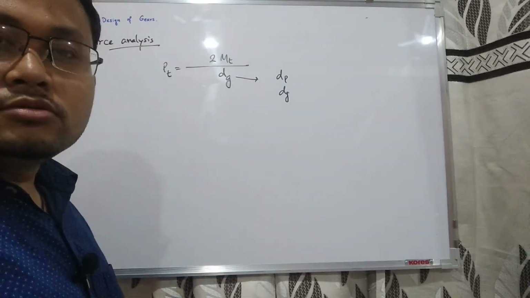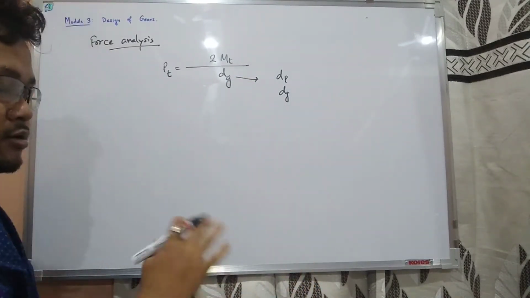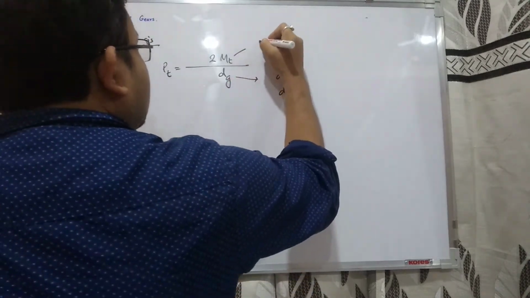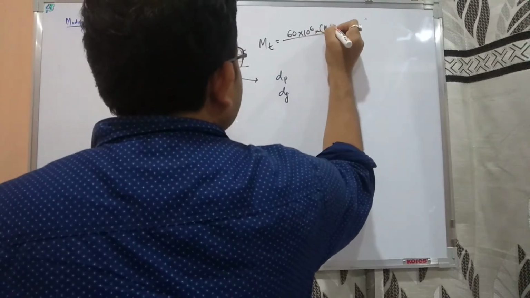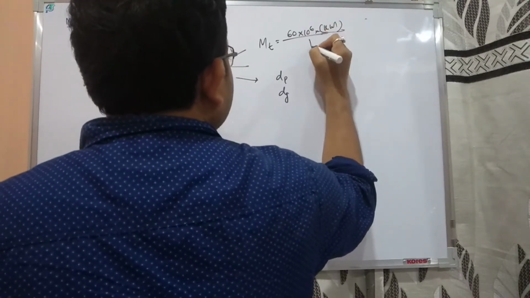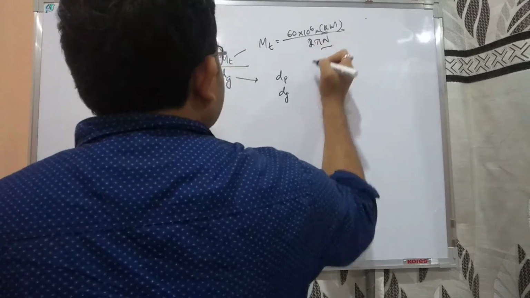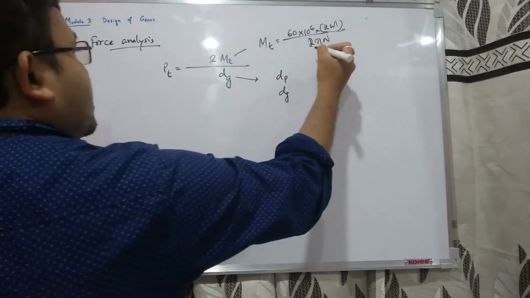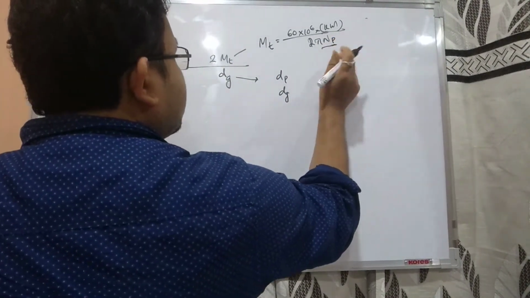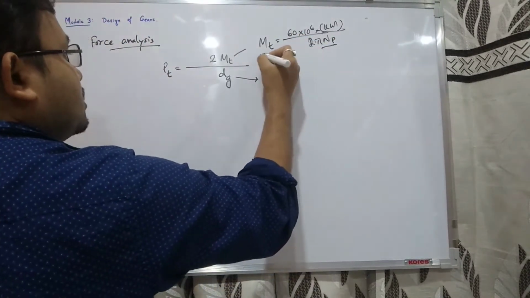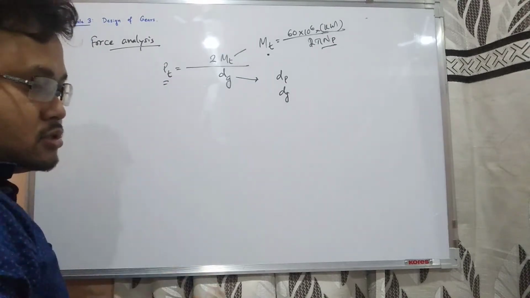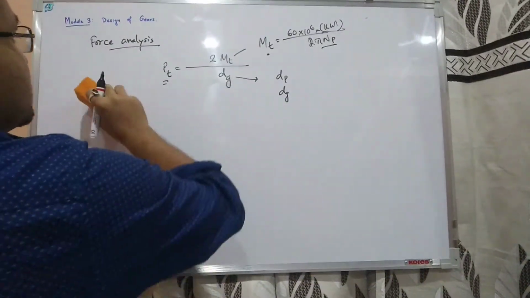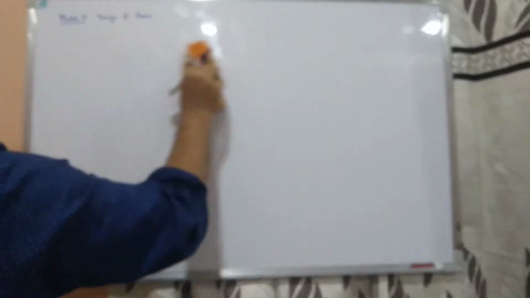I'll tell you later which one to design. Now Mt, how to find this Mt: 60 into 10 to the power 6 into power in kilowatt divided by 2 pi N. This is the formula. So find it after N_P here. If you are designing for the pinion, you put N_P, then you find Mt, put it here, then you find out this force PT, which is the static force. This is the force analysis that we have spoken about.